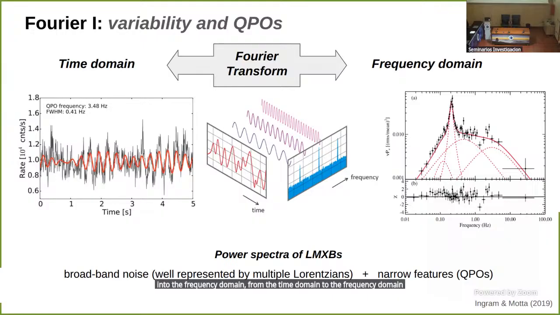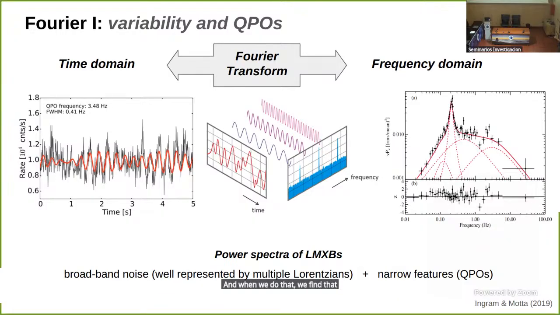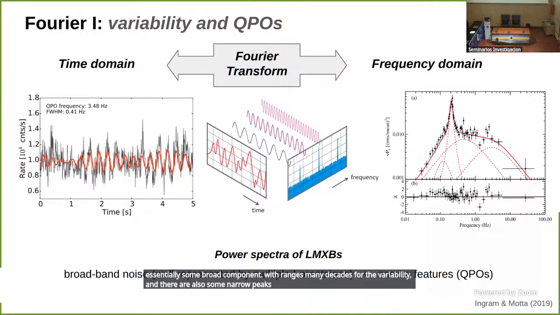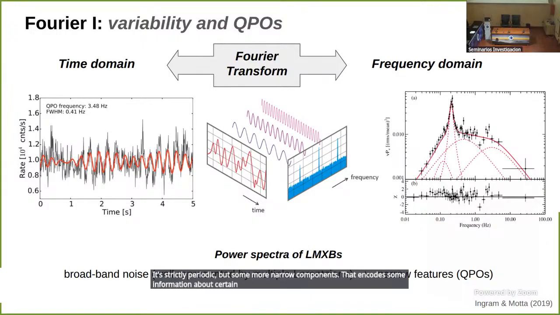And for this, we use the Fourier transform. And when we do that, we find that there is a broad component that ranges many decades in variability. And there are also some narrow peaks, not strictly periodic, but narrow components that encode information about certain relevant timescales.